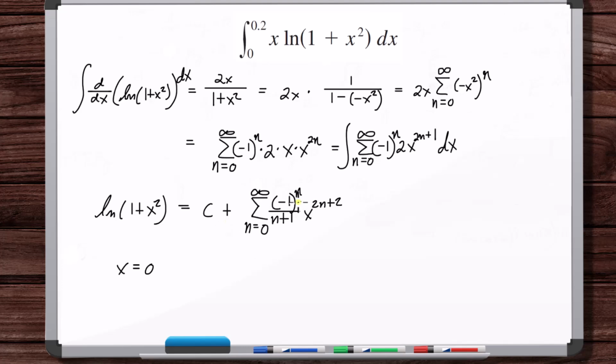But to solve for the constant, that's not enough, because we need to have this on the left side here, right? We plug in 0 here, so if this is 0, we get natural log of 1 is equal to c. Well, natural log of 1 is 0, so c is 0.